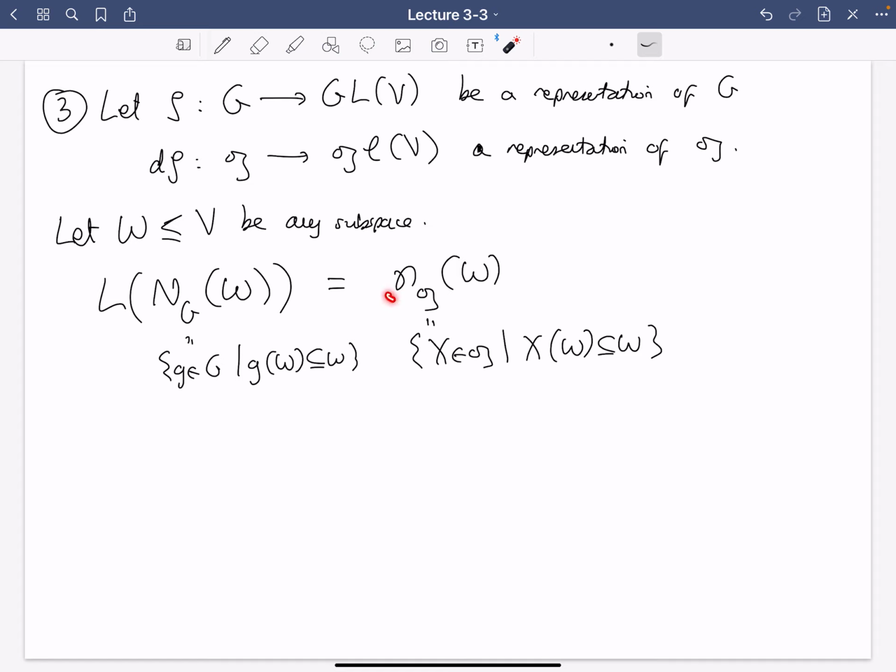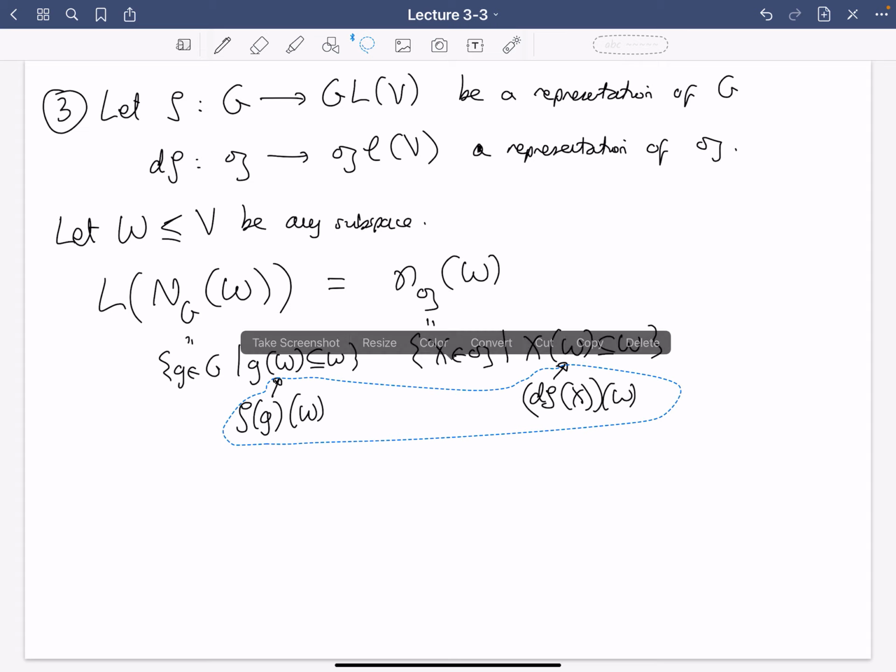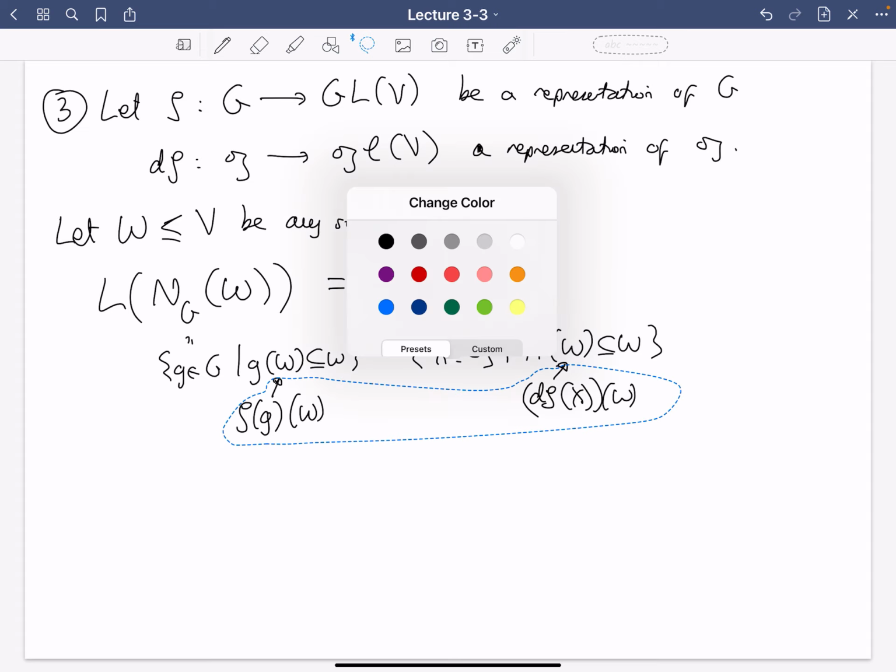For Lie algebras you use German N for normalizer, German C for centralizer, and German Z for the center of the Lie algebra. And I realized I shouldn't have written G of W here, I should have written rho of G of W here. And similarly here, I should have written d rho of x of w here, in this action.